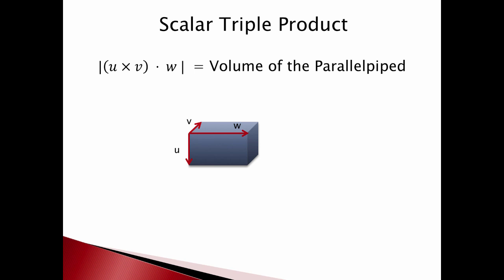If you want to find the volume of that kind of box, all you have to do is take two of the vectors, find the cross product, then take that and dot it with the third vector. Sometimes that's called a scalar triple product. Then take the absolute value of the number you get out of that. That gives you the volume of that box, of that parallelepiped.